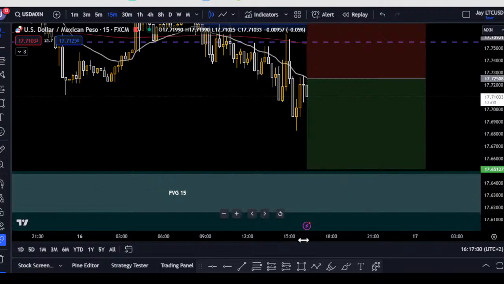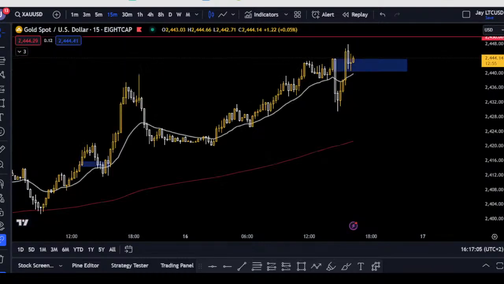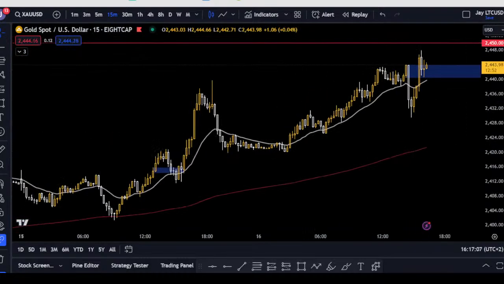All right, so I just added another sell on the peso there. I want to do the same on gold. I swear I feel so tempted to do it. I'm going to do it with a small position on my Cortana account.